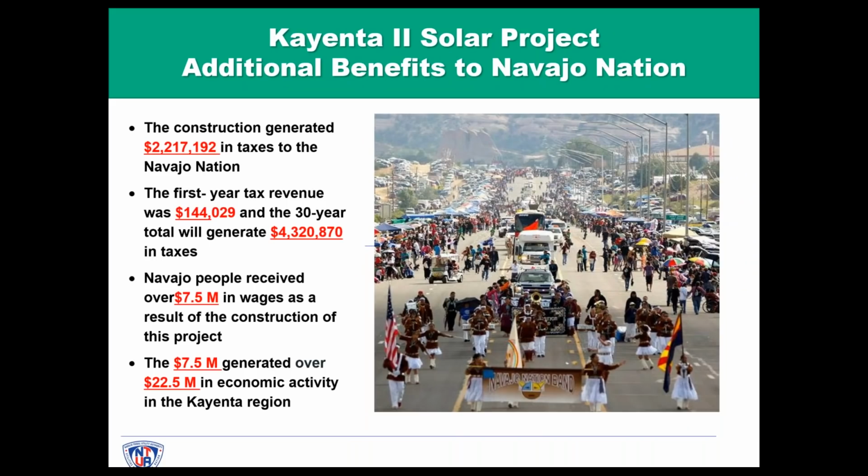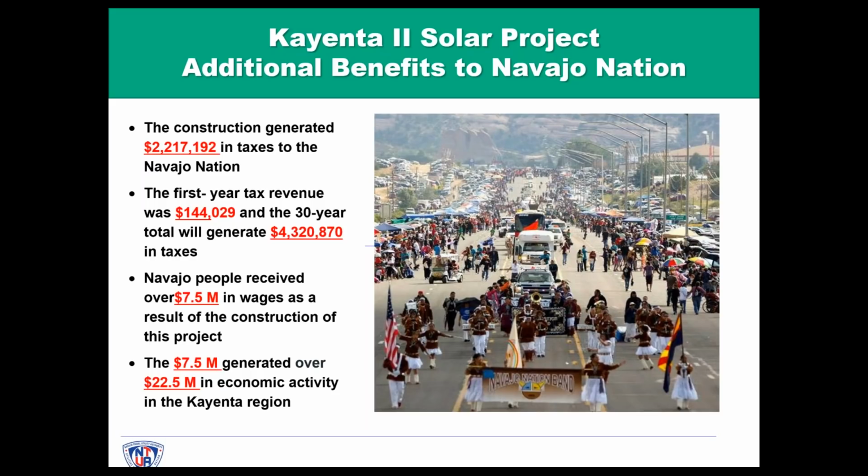So some very specific benefits from Kayenta 2 are as follows. The construction generated about $2.2 million in taxes, and that's sales tax, and it's very, very similar to Kayenta 1. So you can see that between $4 and $5 million just in sales tax alone was generated by the construction of those two projects.